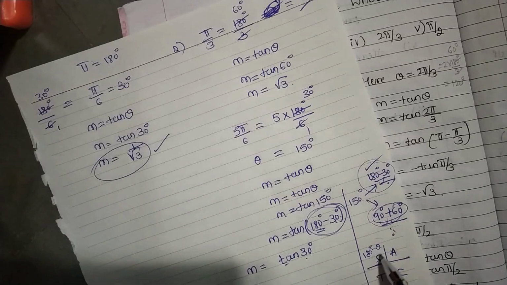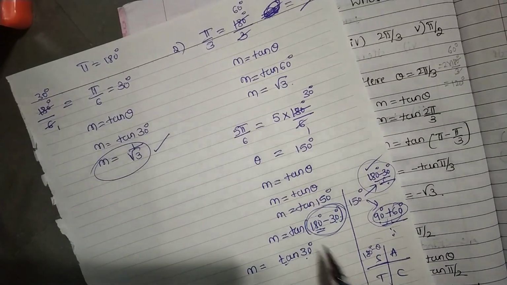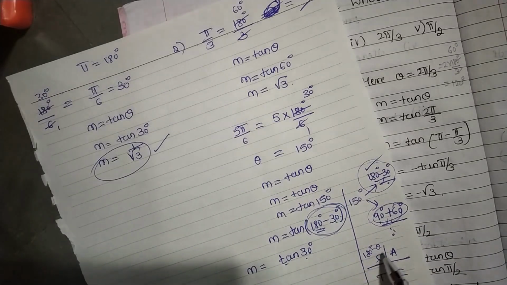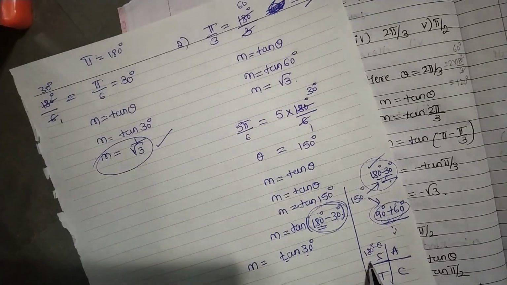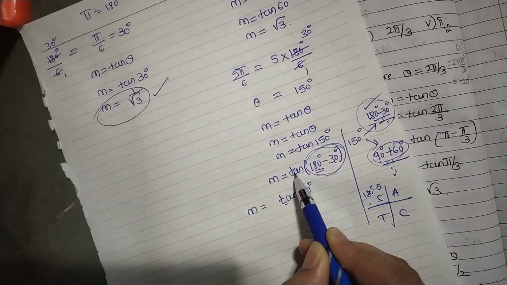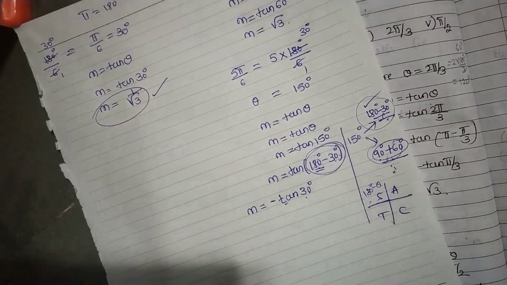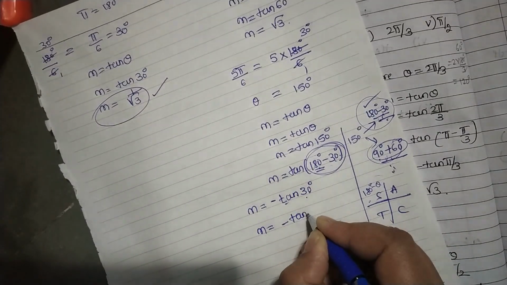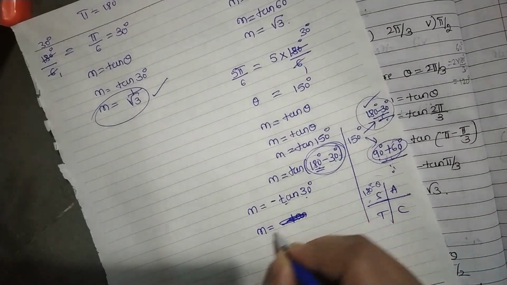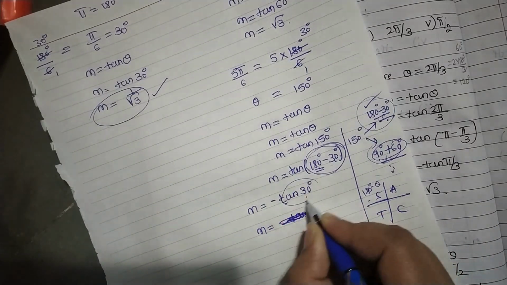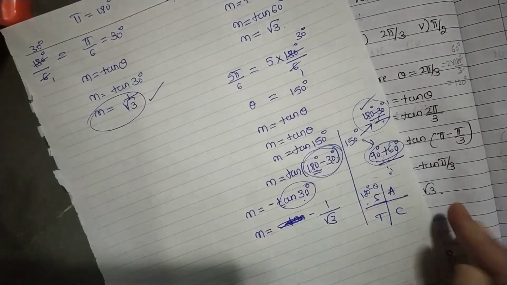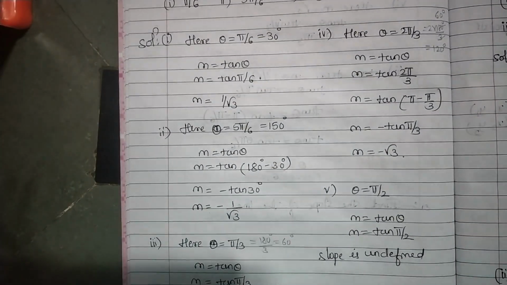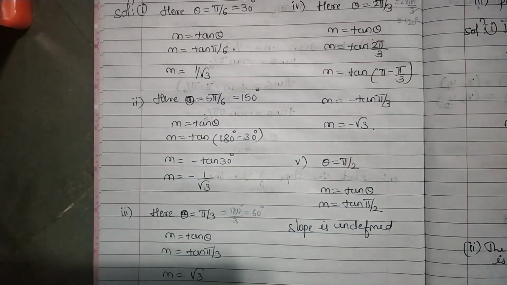And we know that in the second quadrant tan is negative. Therefore I will take this as minus. So m is equal to minus tan 30. Therefore m is equal to minus, what is the value of tan 30 degree? 1 by root 3. Minus 1 by root 3.